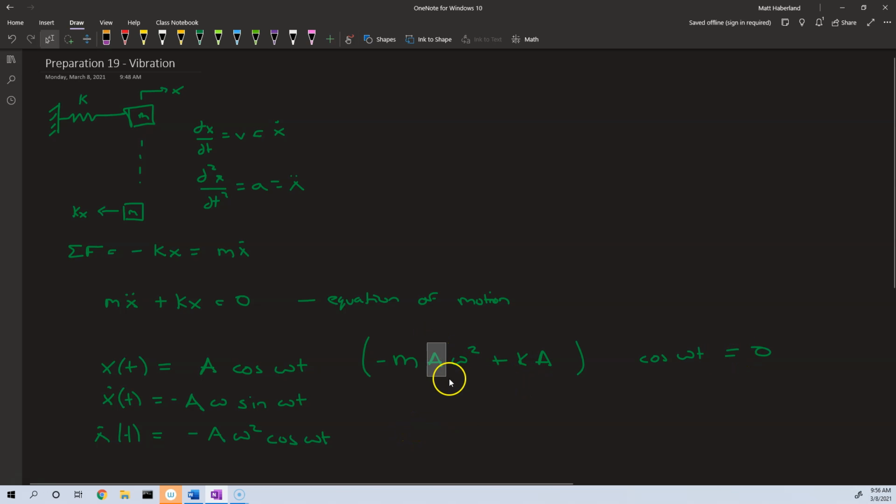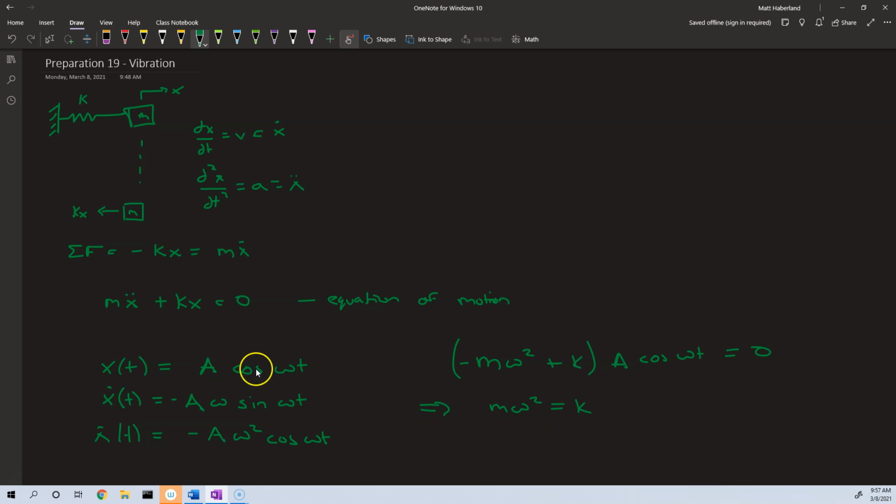Actually, we can factor the a out as well, so let's get that out of there. So when this is equal to 0, negative m omega squared plus k is equal to 0. When that's true, then a cosine omega t is a solution to our differential equation. So k has to equal m omega squared.